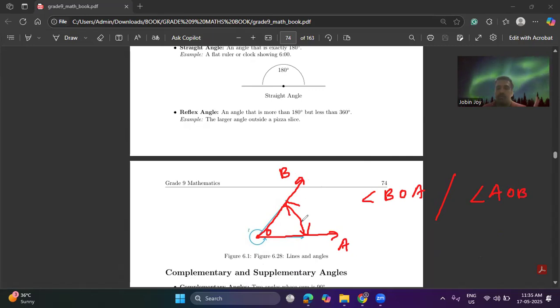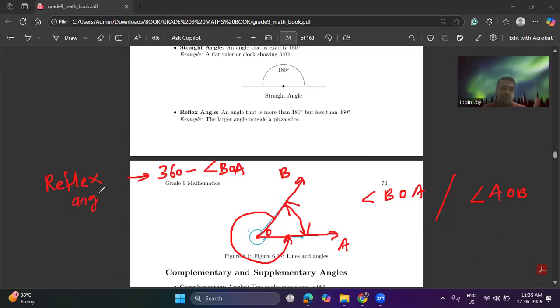Reflex means the angle on the other side. The total angle is 360 degrees. So 360 minus angle BOA is called a reflex angle.